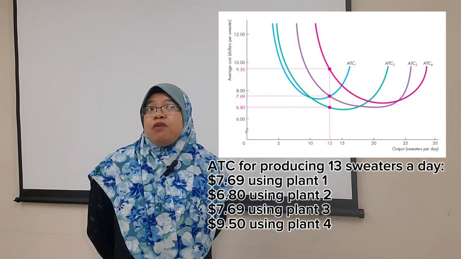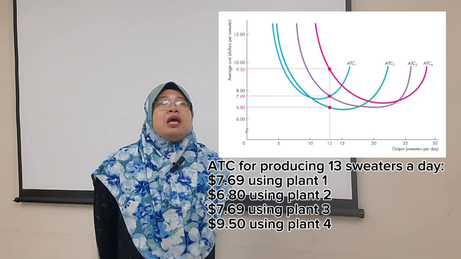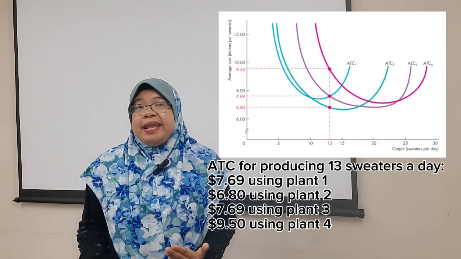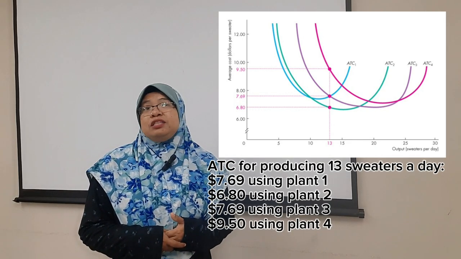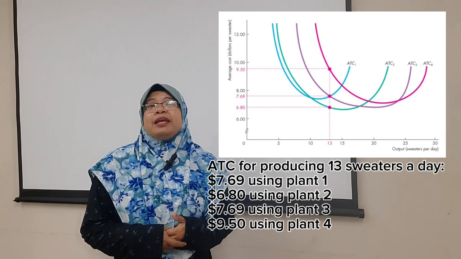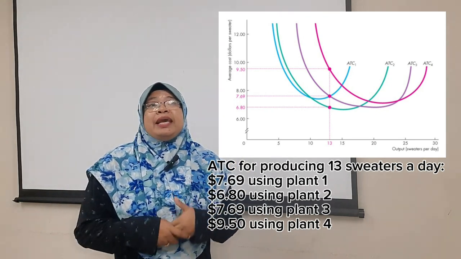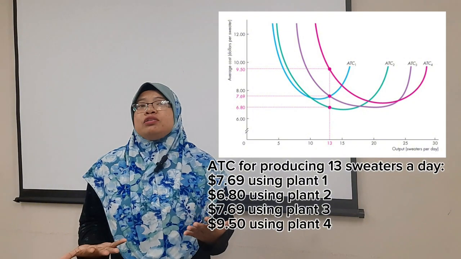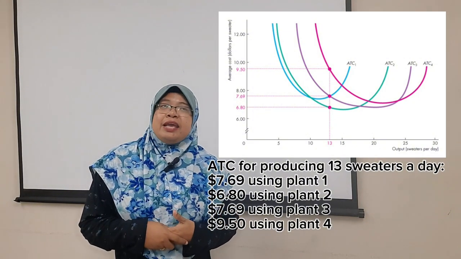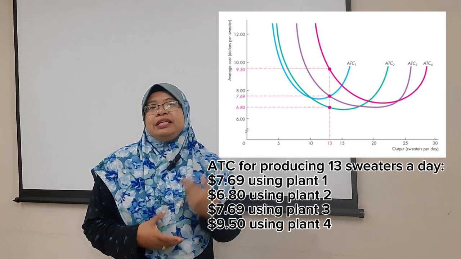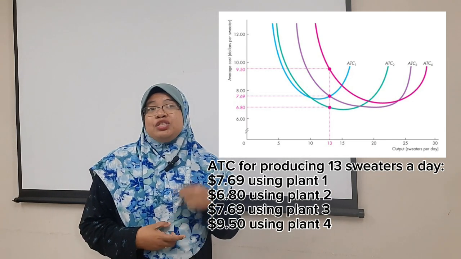And using plant 4, guess what? Yes, higher than plant 3. It costs $9.50 each for ATC 4. Meaning, we compare all those 4 plants, we can see the least cost way of producing 13 sweaters a day is to use 2 knitting machines, which is plant 2.